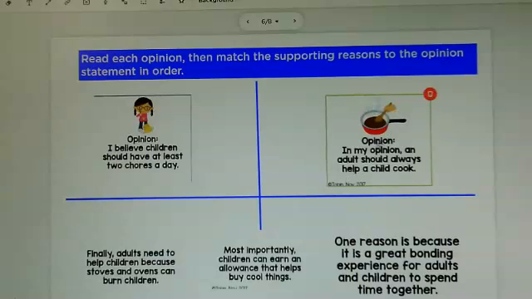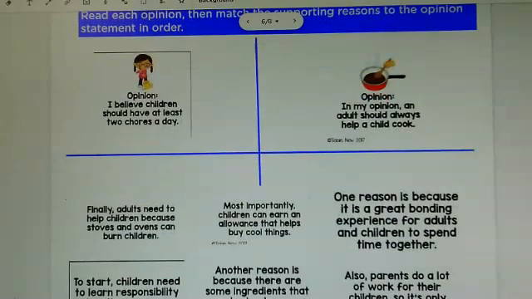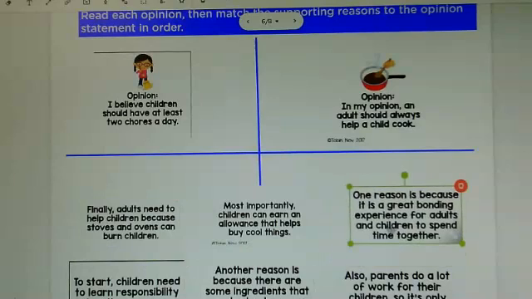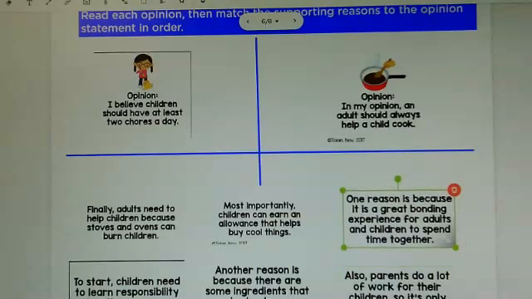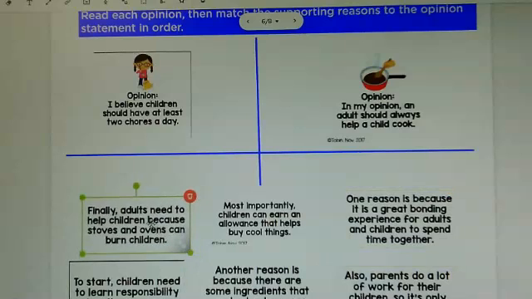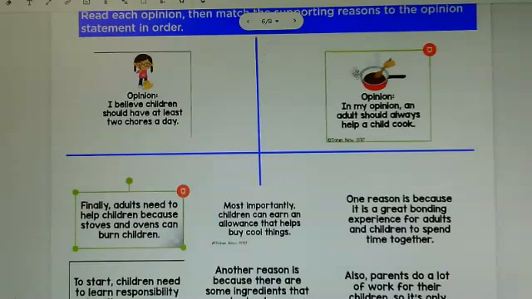That means everything with this opinion is going to be all about cooking and adults helping children to cook. So at the bottom, I have 6 supporting reasons. They're all kind of weird sizes. Sorry. 6 supporting reasons. So I need to figure out which one goes with which opinion.